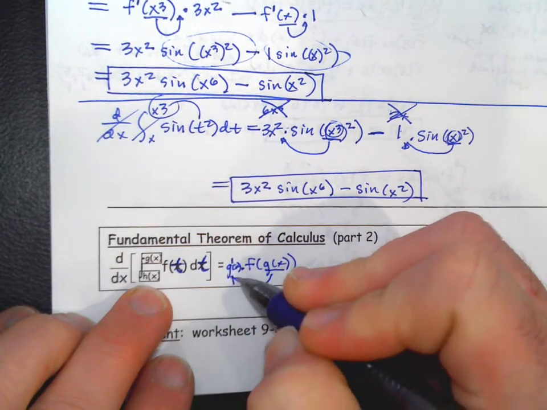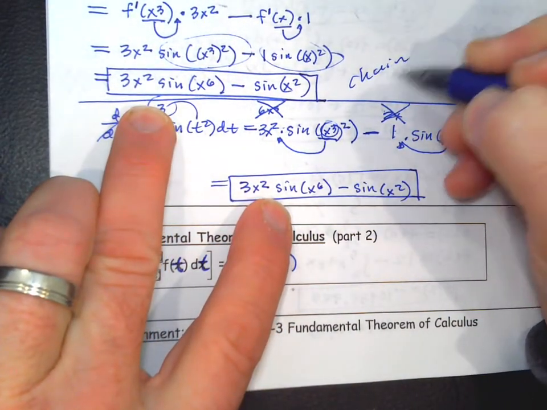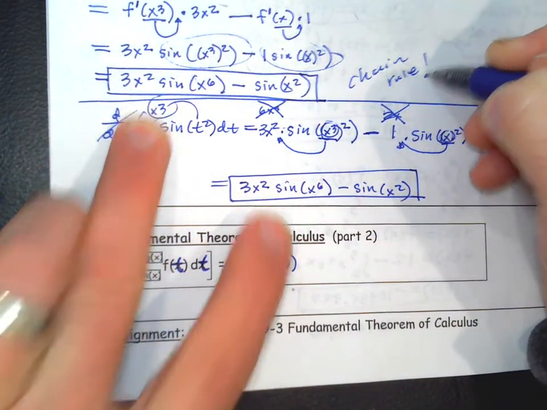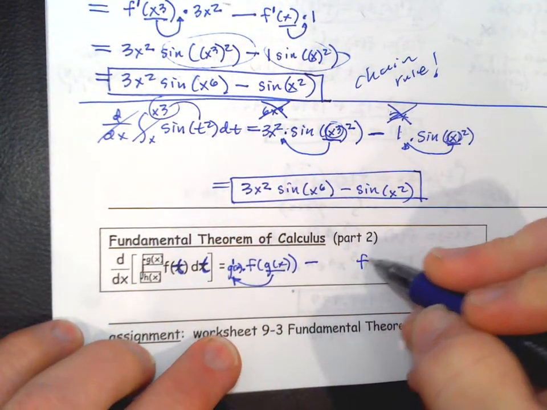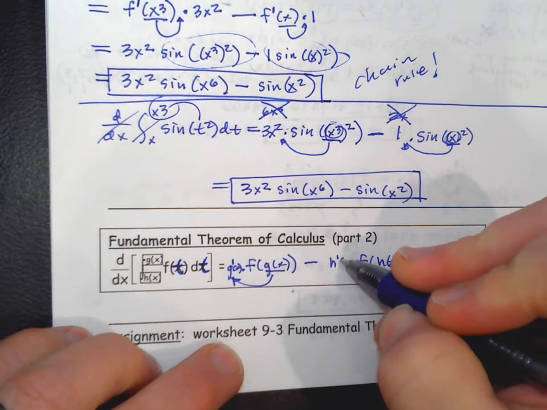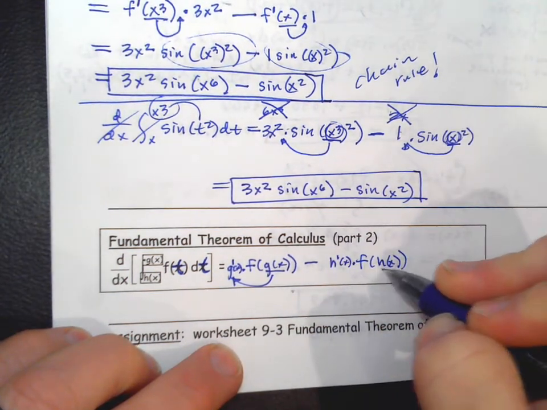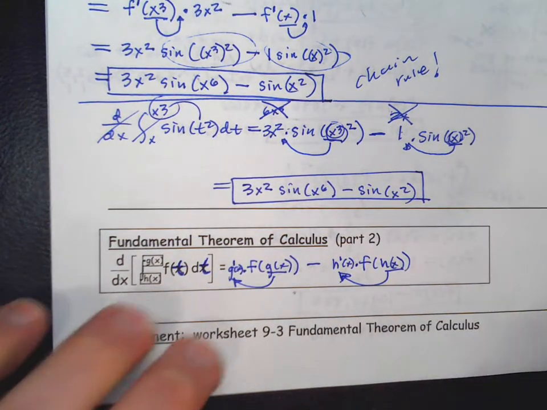It's chain rule, right? Chain rule. Minus, plug the bottom one in, and you multiply by the derivative of it. Chain rule. So that's it. I mean, they're fast.